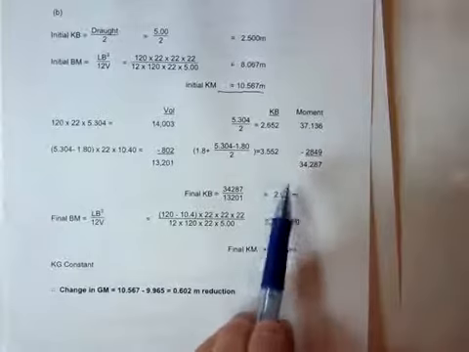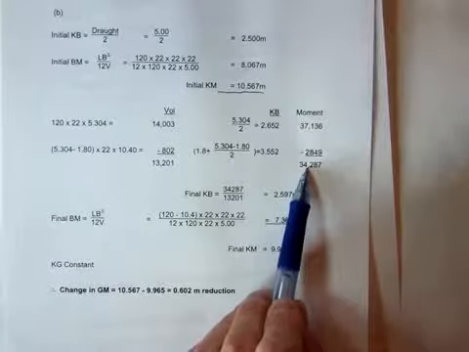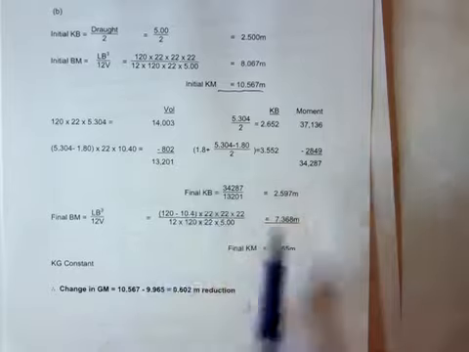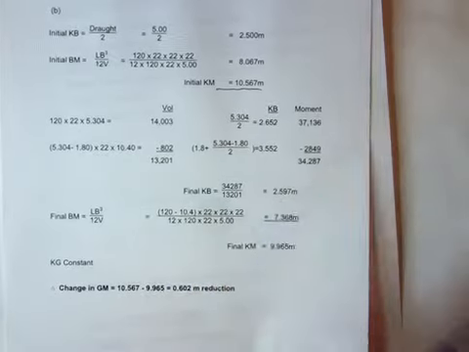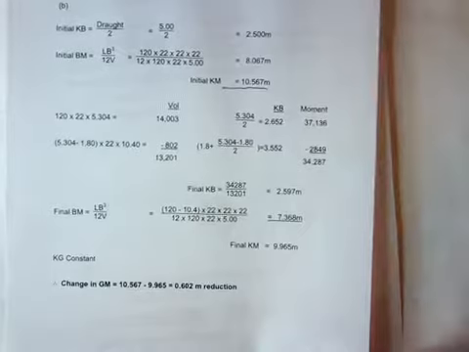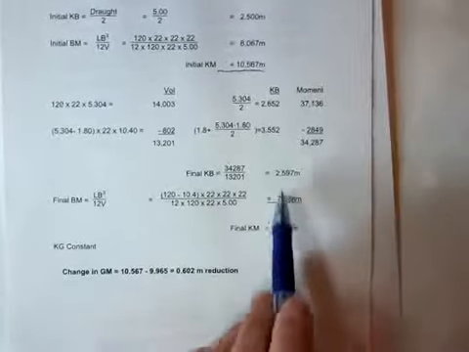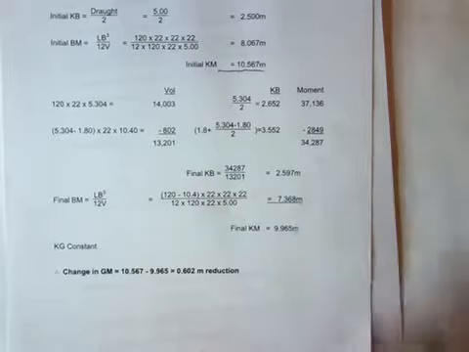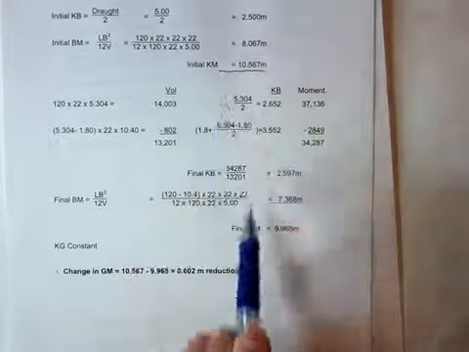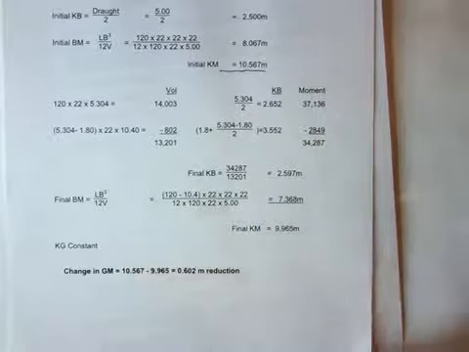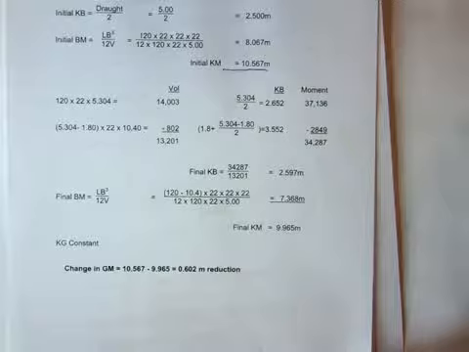So we get the final KB will be the total moments divided by the total volume, and will give us a final KB of 2.597. Once we've got that, we add it to the BM, and then we can make the comparison between the two KMs, and we can see that the change of GM is going to be 0.602, a reduction.